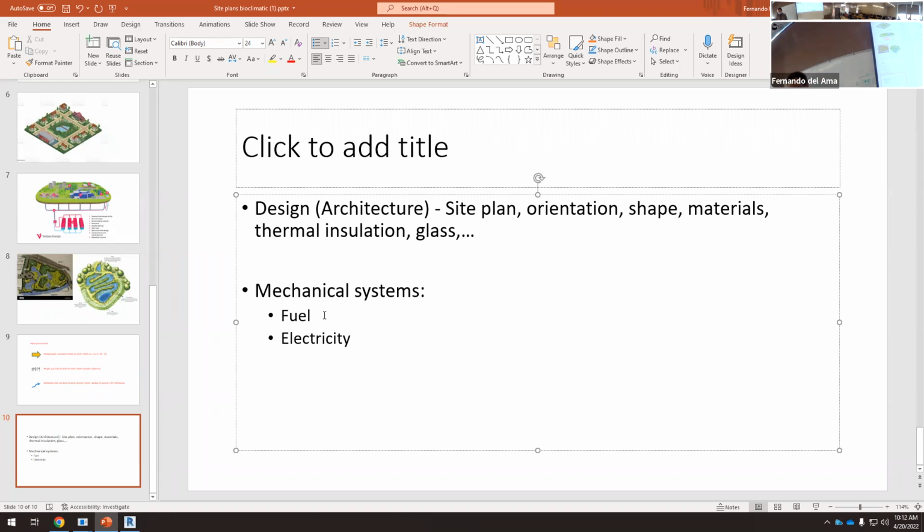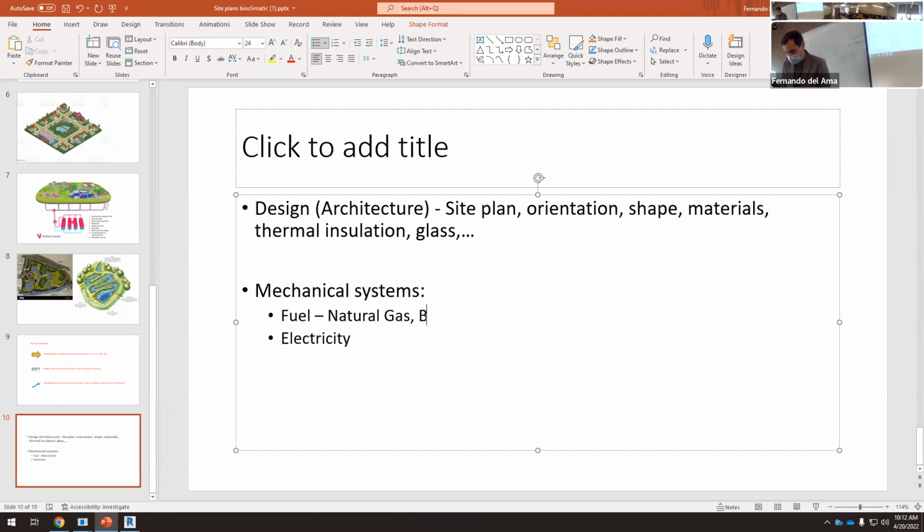If we have fuel, nowadays the best fuel is natural gas. Why? Because in terms of CO2 emissions, this is the best fuel that we can use.